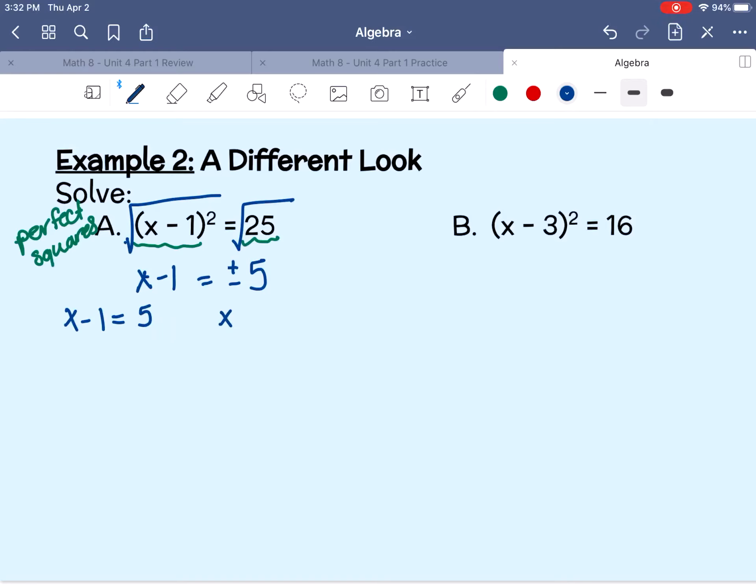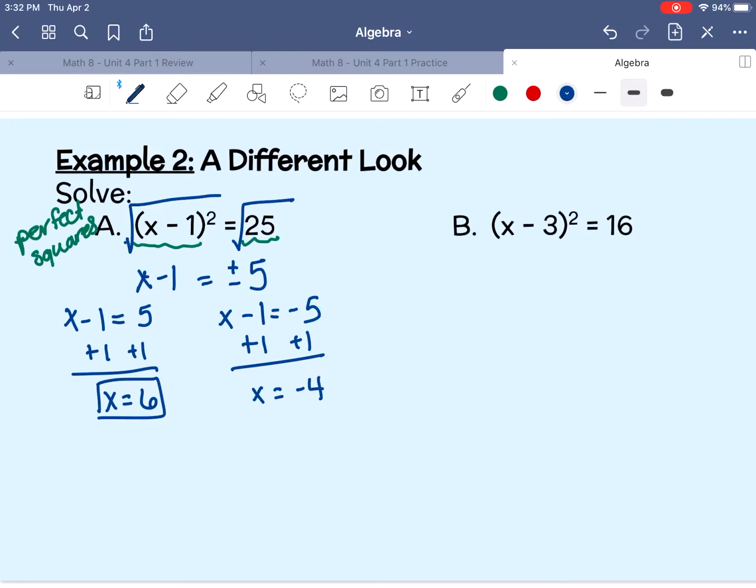Our second solution, x minus 1, could equal negative 5. And then from here, we solve. So add 1. So one of our solutions is 6. Same thing, add 1. And one of our solutions is x equals negative 4.